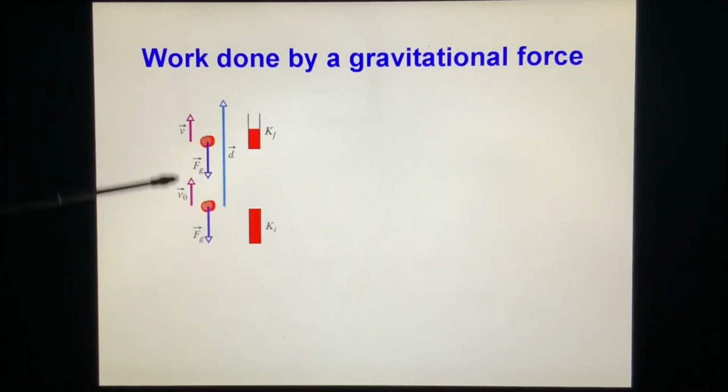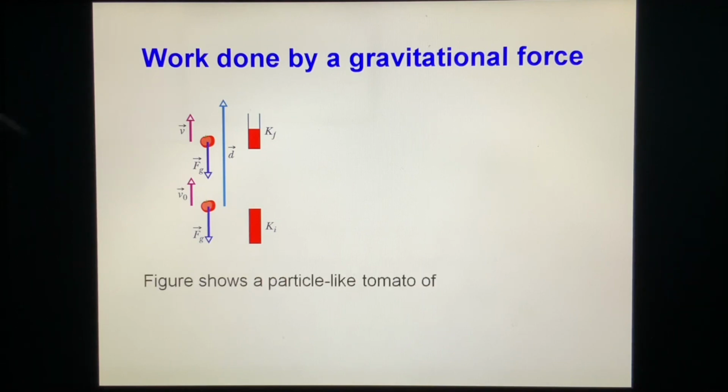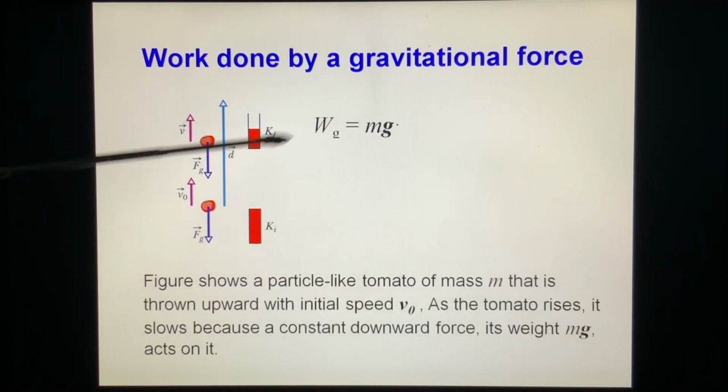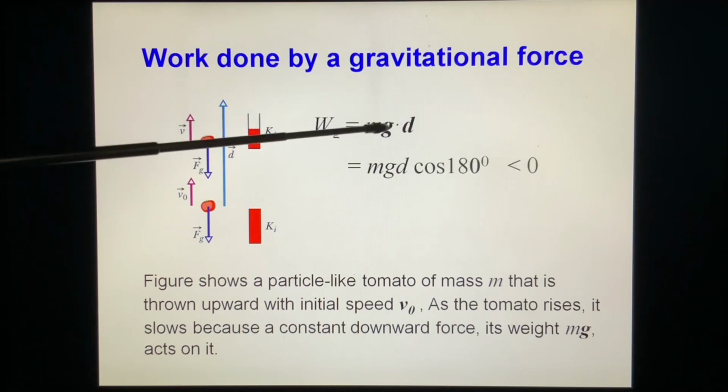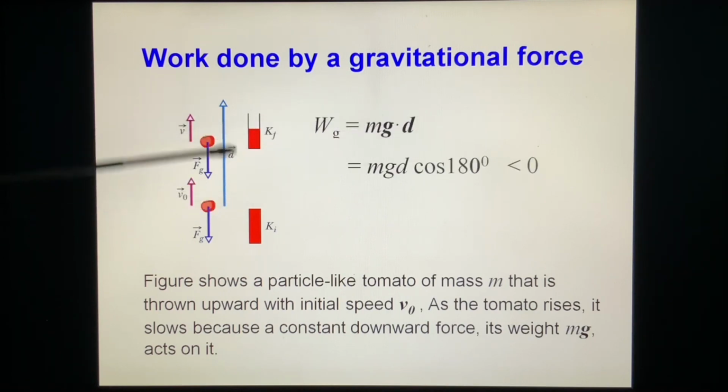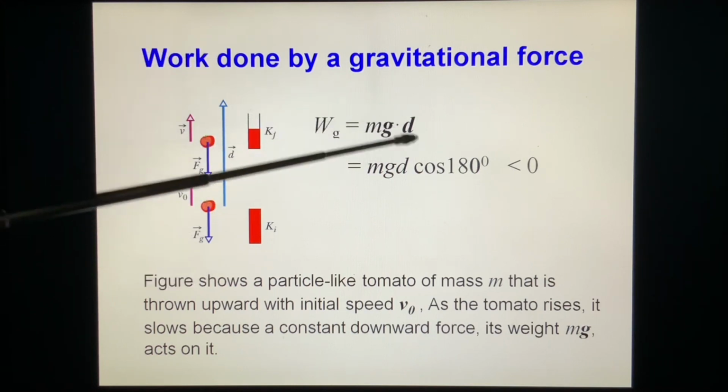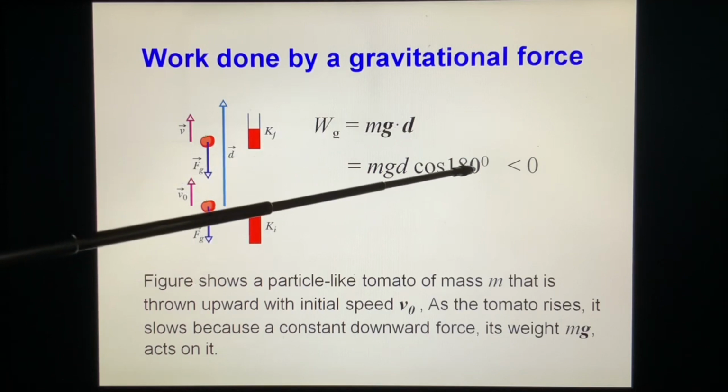Work done by gravitational force. Look at this picture. This is a tomato thrown up at initial speed v0. The work done by the gravitational force equals mg dot d. The displacement d is upward, the gravitational acceleration is downward, so the angle between them is 180 degrees.